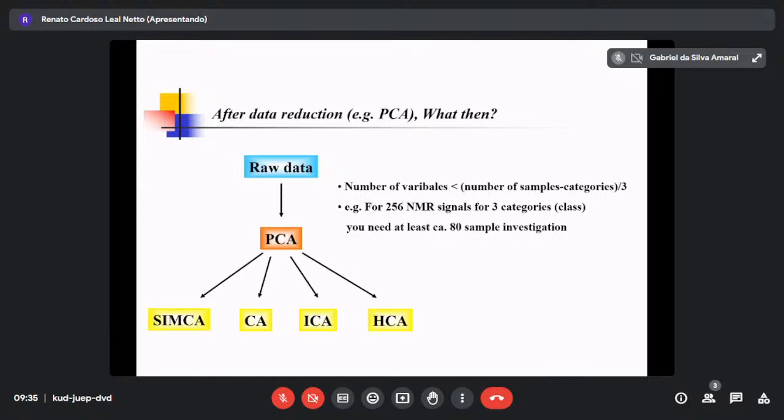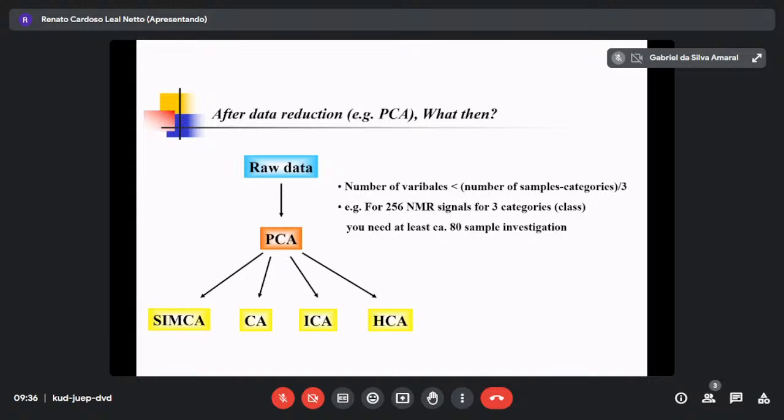In that case, please don't forget principal component analysis, which is data reduction. Now you have 1,000 LCMS data, and you reduce to PC1 and 2, right? So instead of 1,000 variables, you can use PC1 and 2. Then you can handle this kind of data. After PCA, you reduce the data.